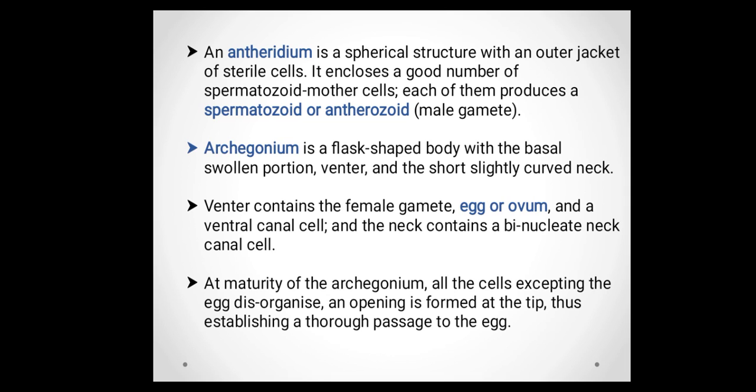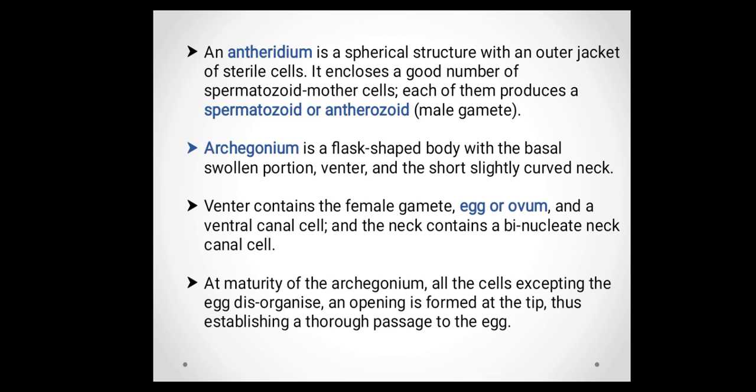In the antheridium there are a good number of spermatozoid mother cells. Each spermatozoid mother cell produces a spermatozoid or antherozoid, which is a male gamete. The archegonium has a swollen venter and a short, slightly curved neck. The venter contains the female gamete, which is the egg or ovum, and the ventral canal cell.